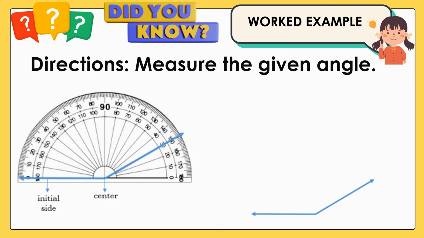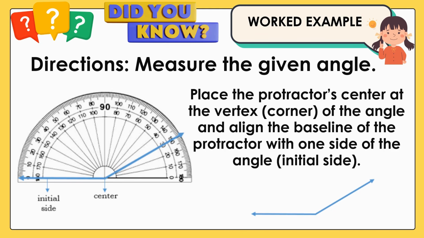This time, let's have a work example. Directions: measure the given angle. Place the protractor's center at the vertex or corner of the angle and align the baseline of the protractor with one side of the angle or the initial side.